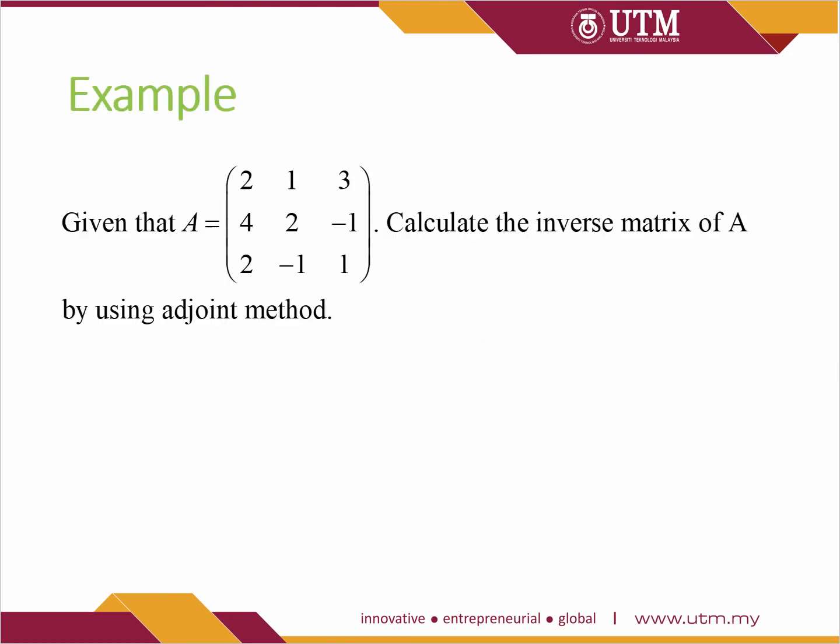So now, let us try this example. Given that A is equal to 2, 1, 3, 4, 2, -1, 2, -1, 1, calculate the inverse matrix of A by using the adjoint method.